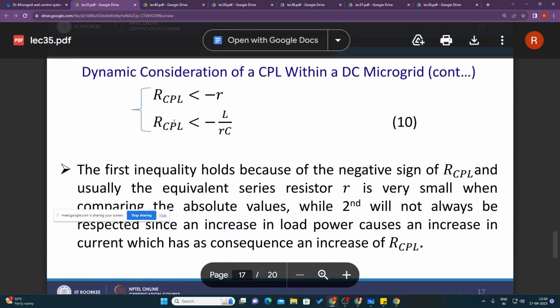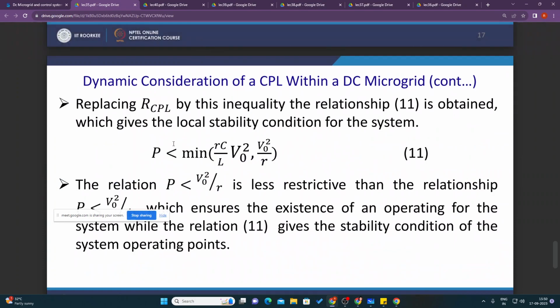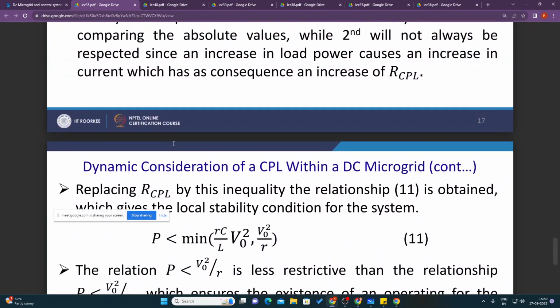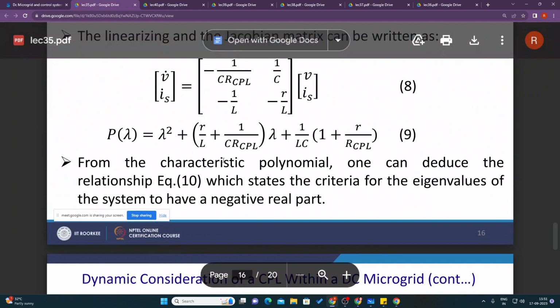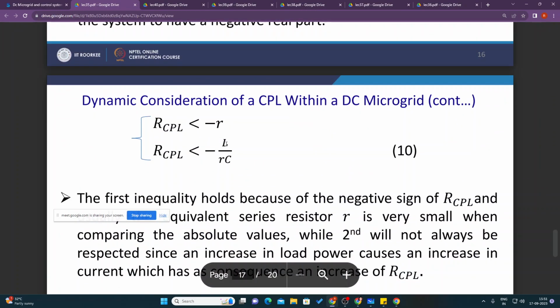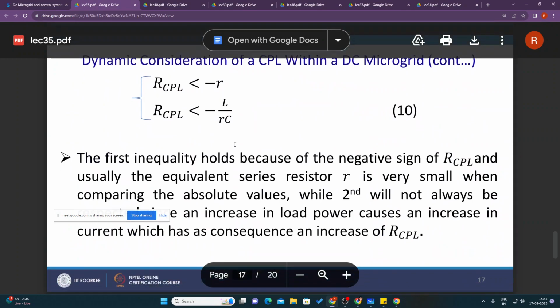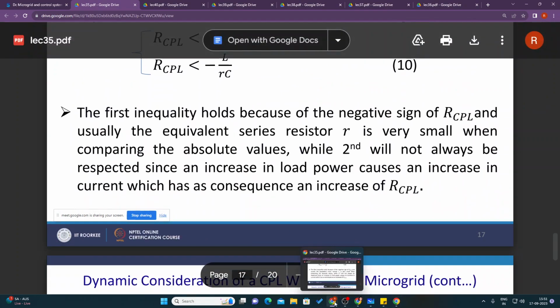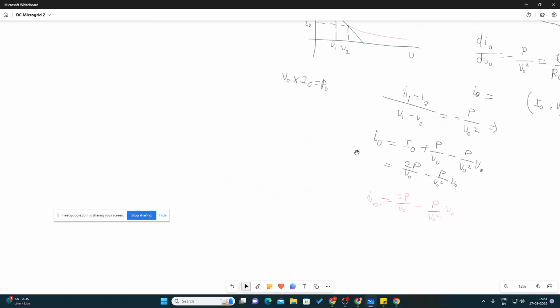So RCPL will be less than minus R from here, and RCPL will be less than minus L by RC from this expression. So what are our criteria?